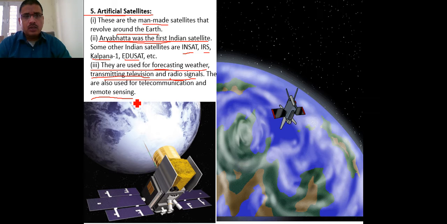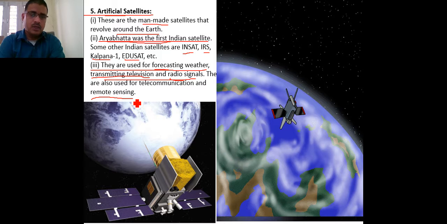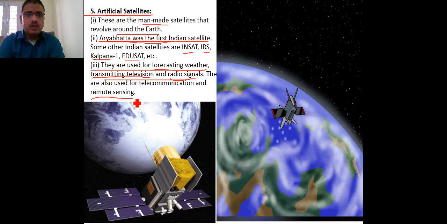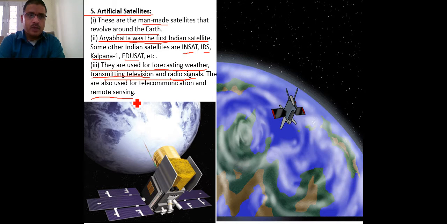So it is all about this chapter. Again, I just want to repeat. In this chapter, number one, you have to understand what a celestial body is. Second, the phases of the moon and the different positions of the moon.